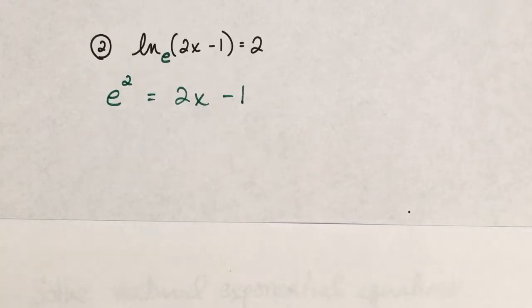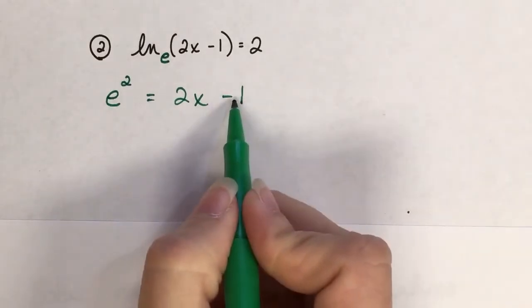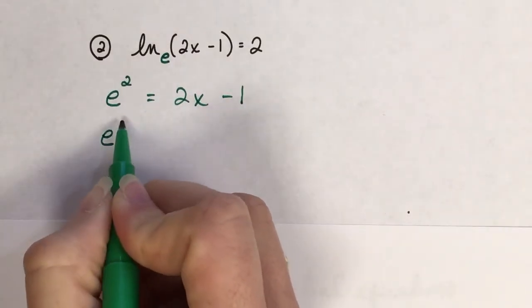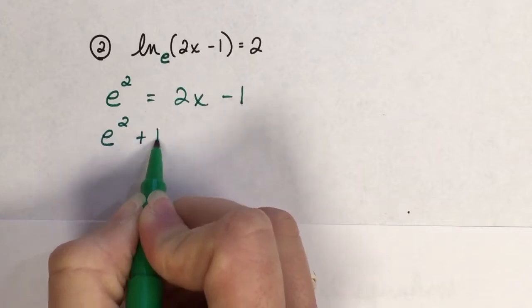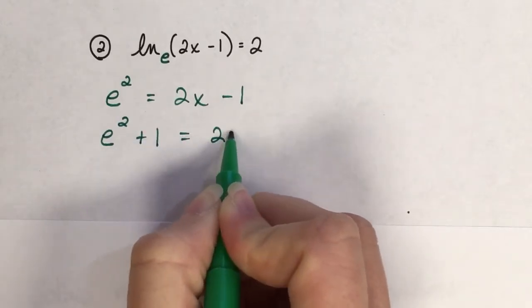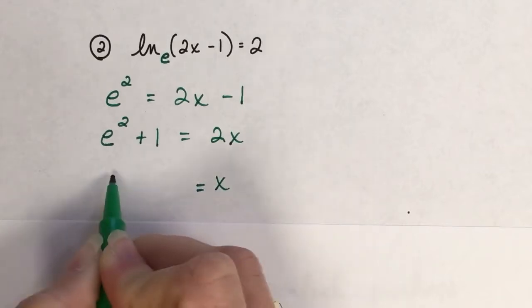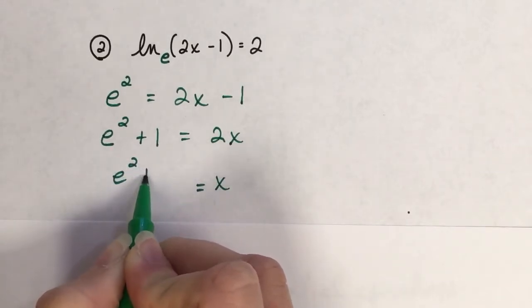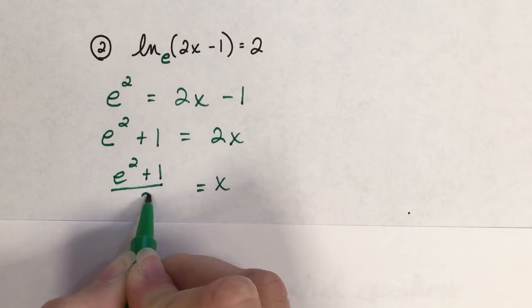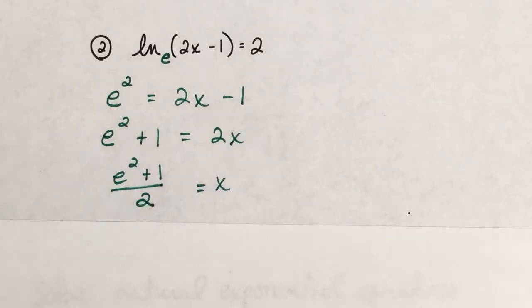All right, so now we've got a few steps that we've got to take here to be able to get x by itself. So add your 1, so you'd have e squared plus 1 is equal to 2x, and then you'll have to divide by 2. So e squared plus 1 divided by 2. So of course that would be your exact answer.